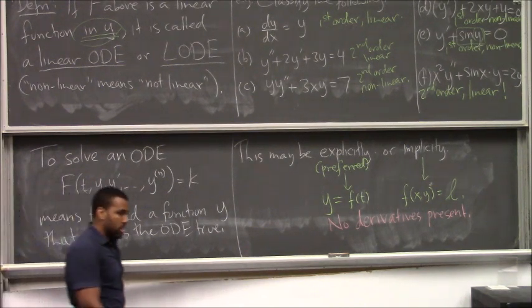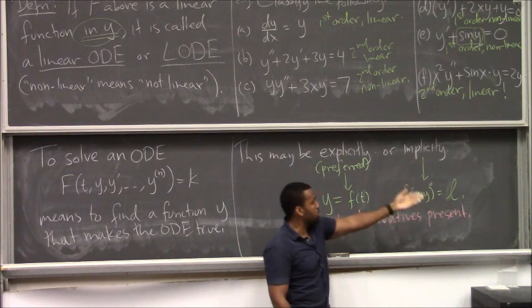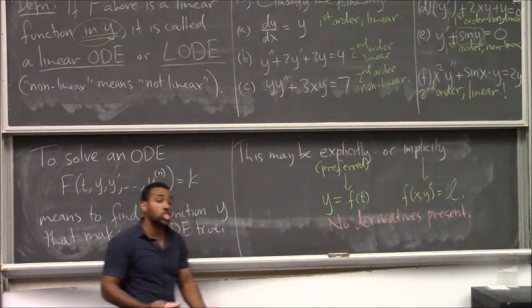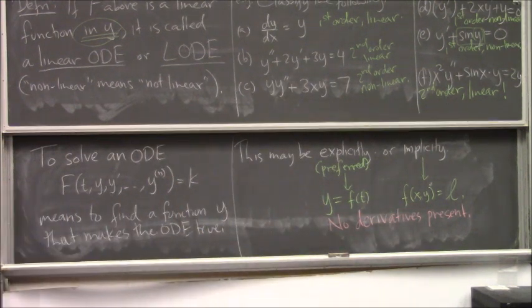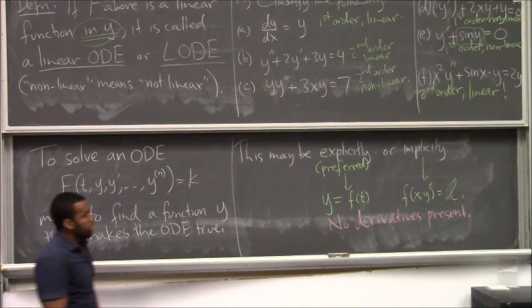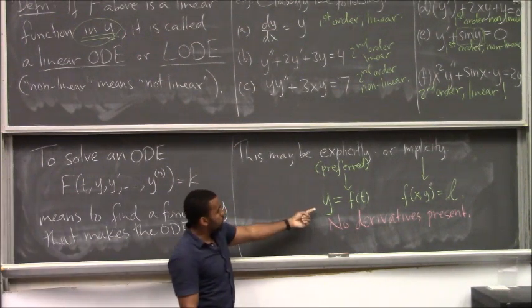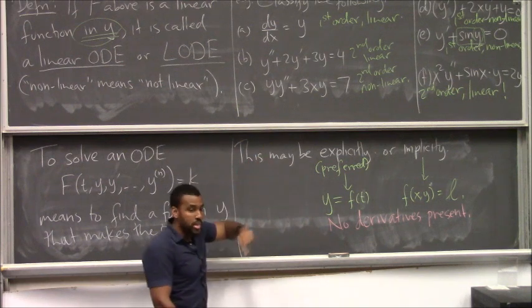If you can find such an expression, whether explicitly or implicitly, we say you've solved the differential equation. What that means basically is, you're going to try to find the function so that when you plug it into the equation, it makes sense.